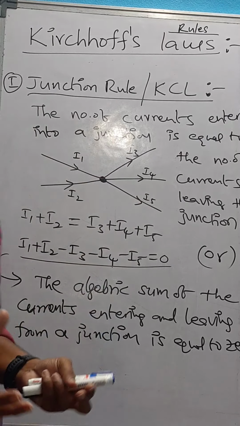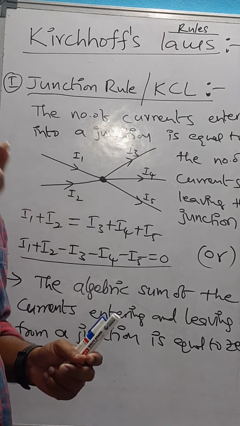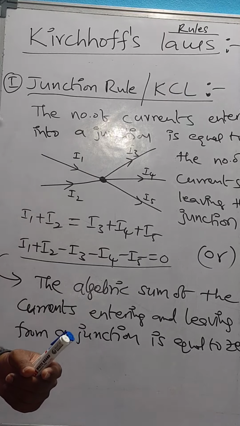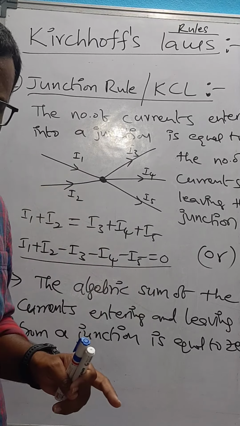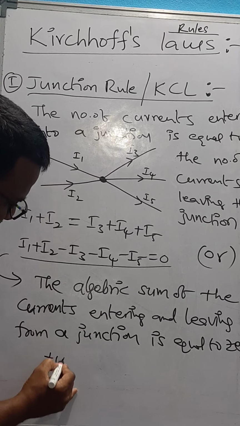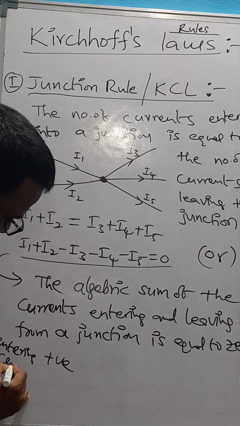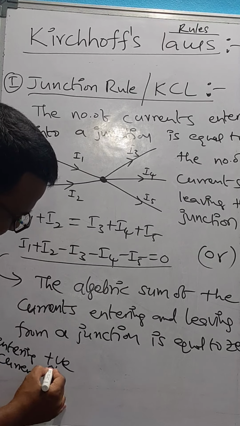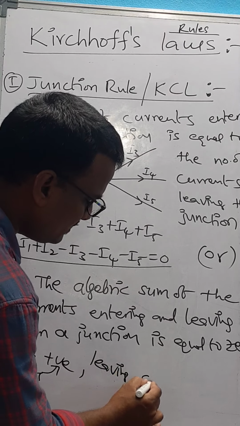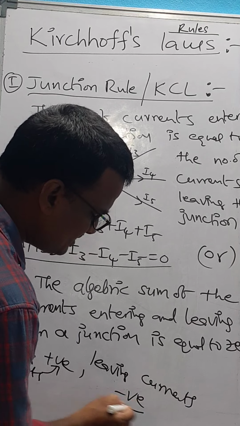Whenever in any circuit there is a junction point, how do we calculate the current at that junction? The currents entering the junction can be taken as positive, and the leaving currents can be taken as negative.